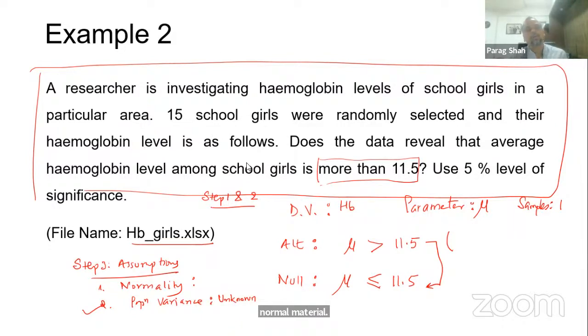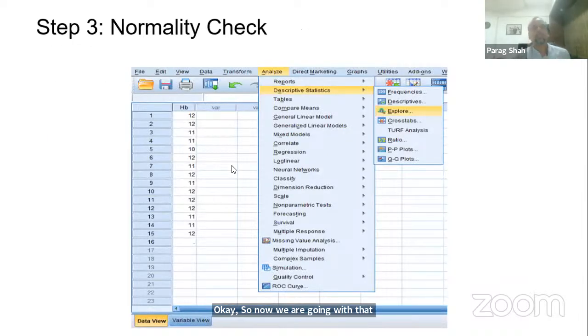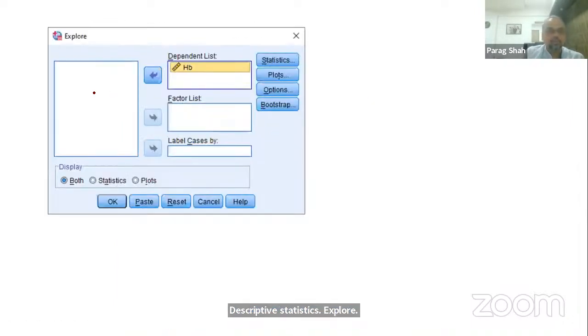So now we are going with that. How to check normality? Go into analyze, descriptive statistics, explore. Once you click on explore, this decision variable here has to be shifted here, hemoglobin.